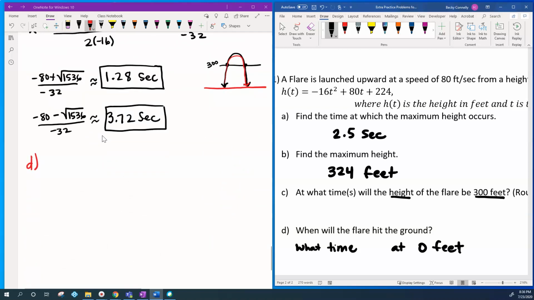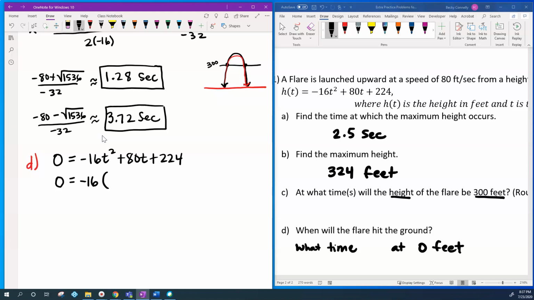This one actually works out nicer than part A did. So I have 0 equals negative 16t squared plus 80t plus 224. You could use the quadratic formula on this again, but oftentimes on the tests they make it so that you can factor it, and it would be a lot faster. Look at what happens here. We can factor that negative 16 out of all 3 of those terms.